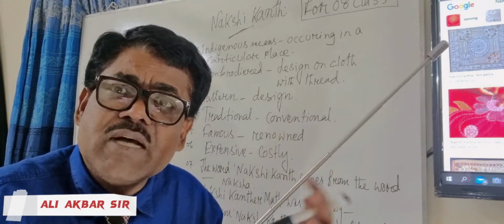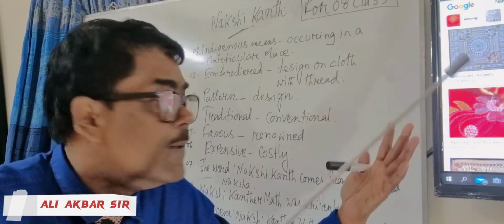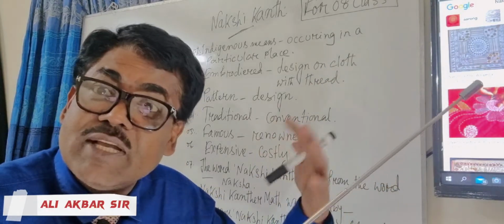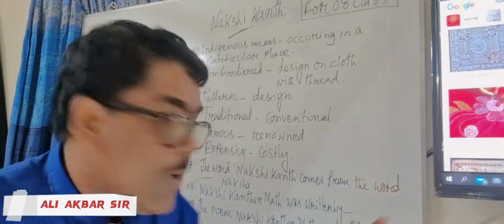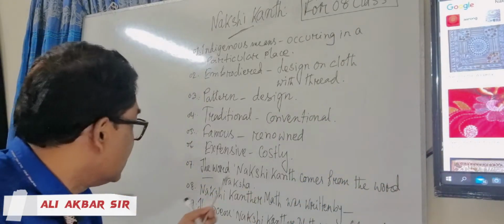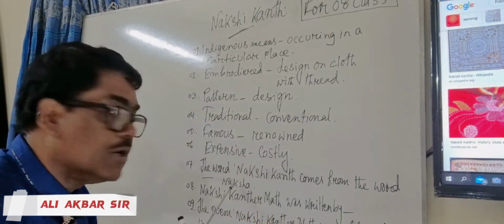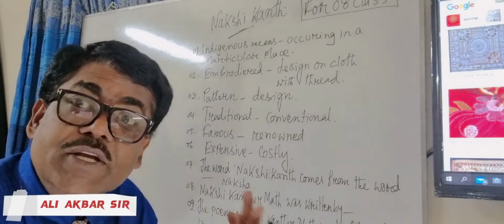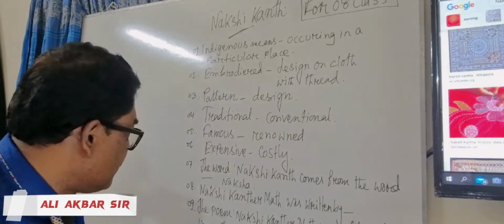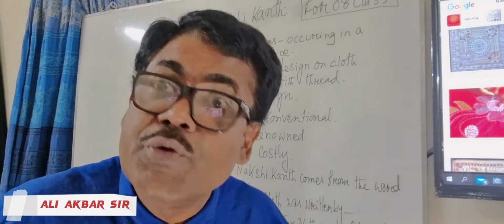You see some expensive shops in cities and towns. Nowadays we can see Nakshi kantha in expensive shops. The word Nakshi kantha comes from the word Naksha. Nakshi Kanthar Mat was written by Jasimuddin, and the poem was published in 1929.